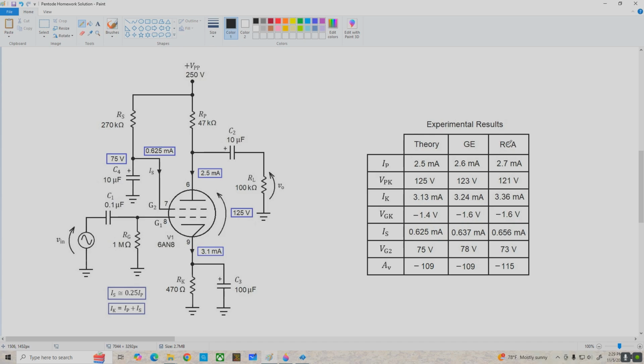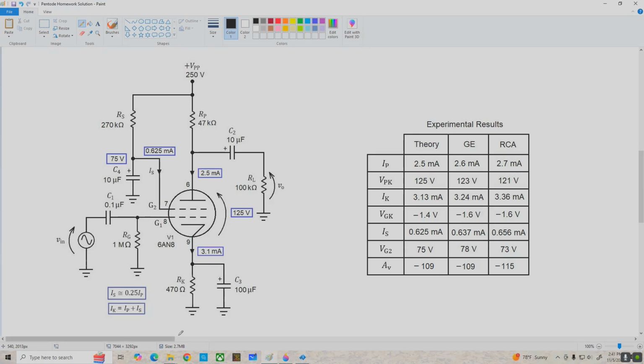These are new old stock vintage tubes, and as you can see, we got really good agreement with our theoretical values here. The voltage gain is right on the money, and in the case of the RCA tube, it's actually a little better than we predicted, which is always a nice thing.